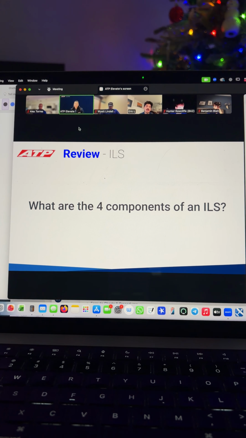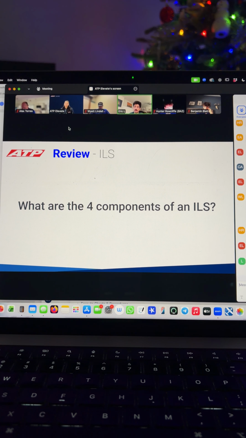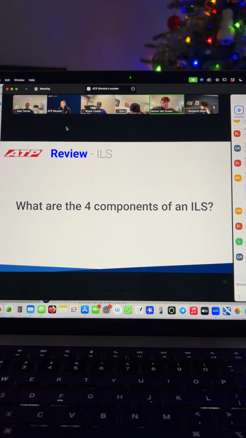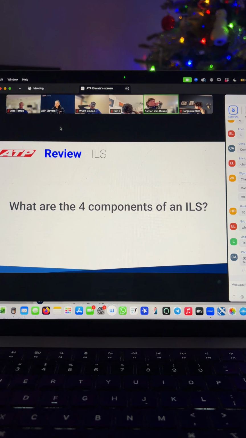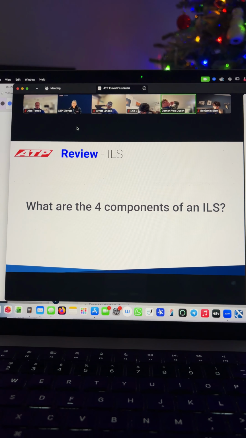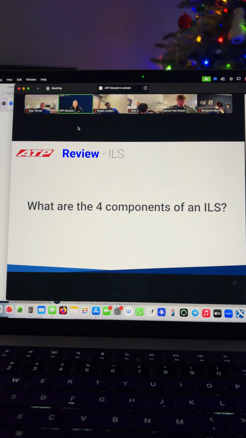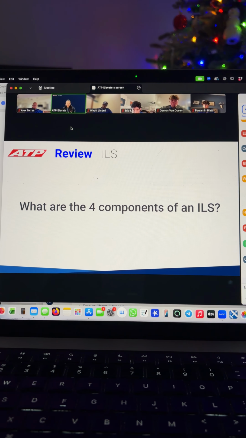Instrument. Instrument landing system. Yeah, very good. I don't. Was this in day 2? Because I haven't taken day 2 for like months. That's okay. No worries. Anybody else want to help them out? Yeah, I got it. Okay, thanks. It's the glide slope, the localizer, the approach lighting system, and then the marker beacon. Very good, right? So you use the GLAM acronym to help you with that. And then I see, Chris, you also got it as well, right?